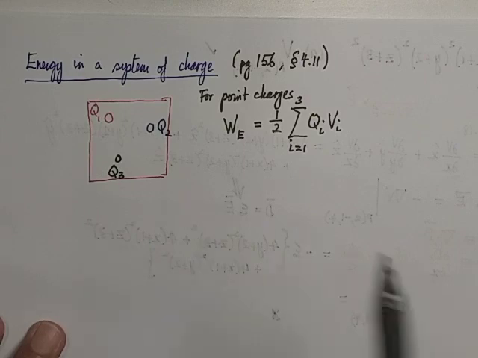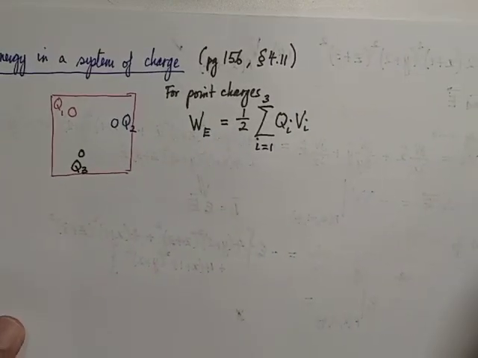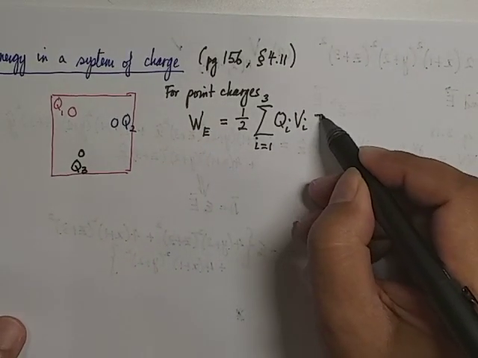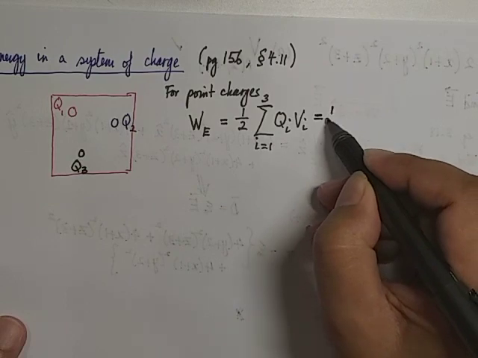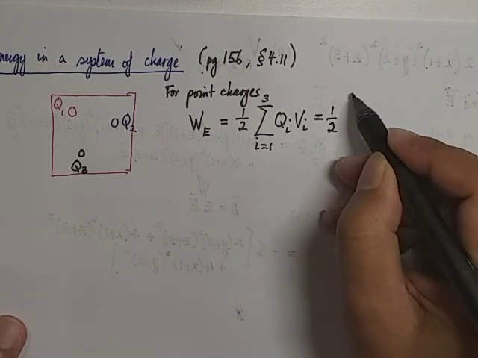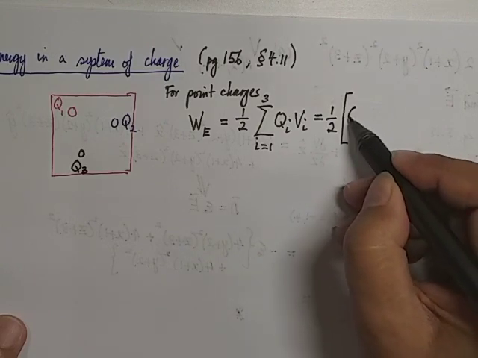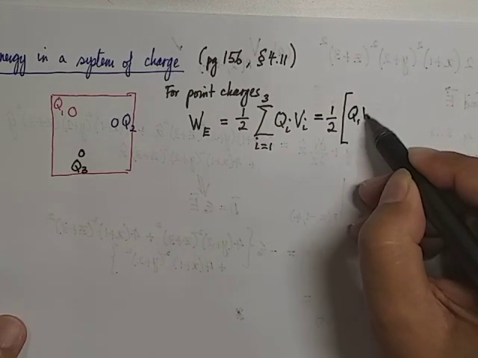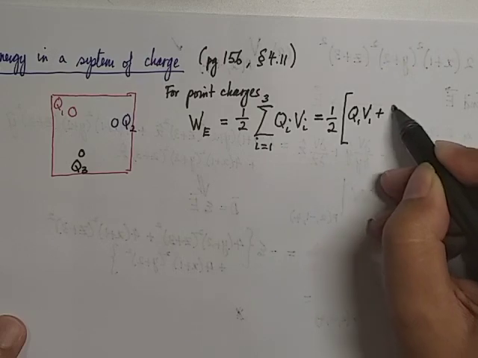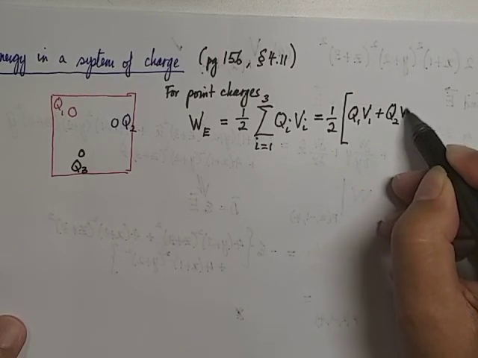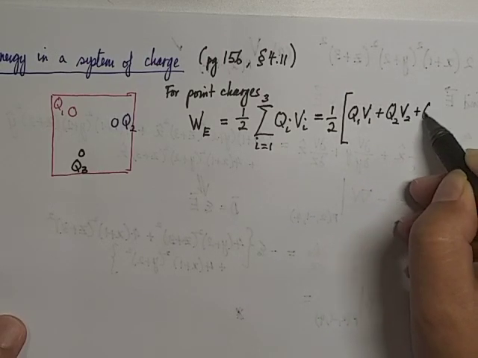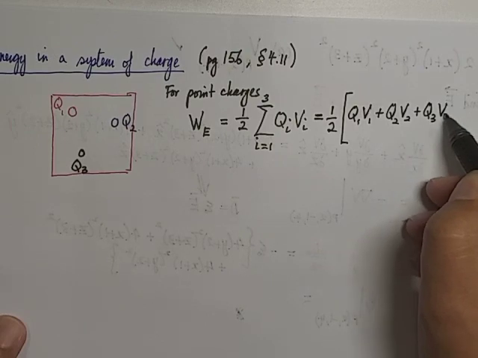So in other words, if you want to actually solve the problem, we say it's equal to half, and then we sum it to be equal to what? Q1 V1 plus Q2 V2 plus Q3 V3.